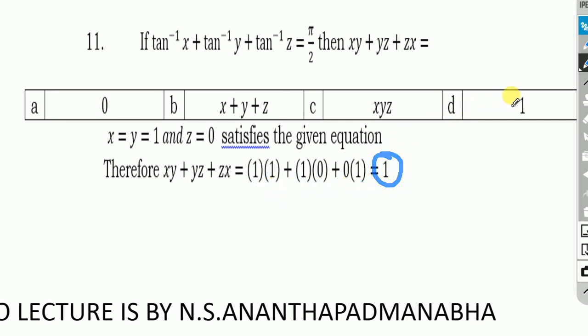So option D is correct, because if you substitute for x, y, z, option C becomes 0. Option A is already 0, and option B gives 2. Here you will get the value 2. Here already I have 0, and here also you will get 0, but 1 is the right answer. Option D is the right answer.